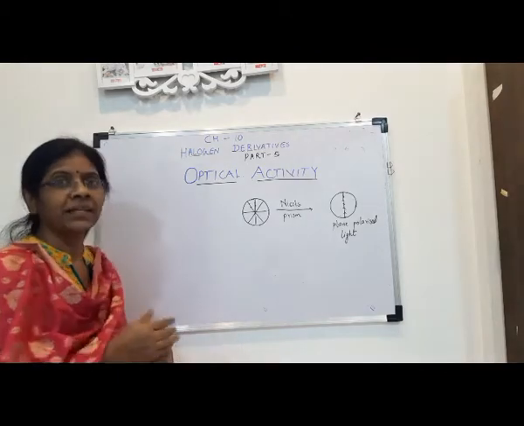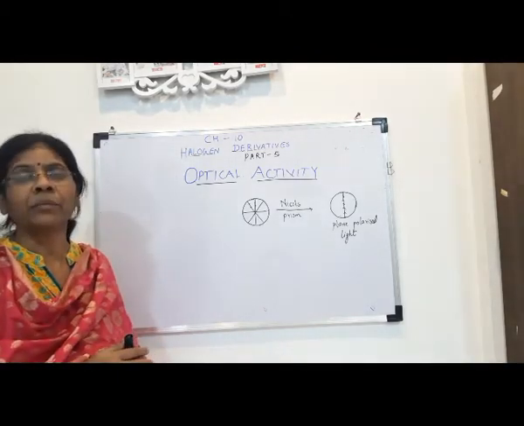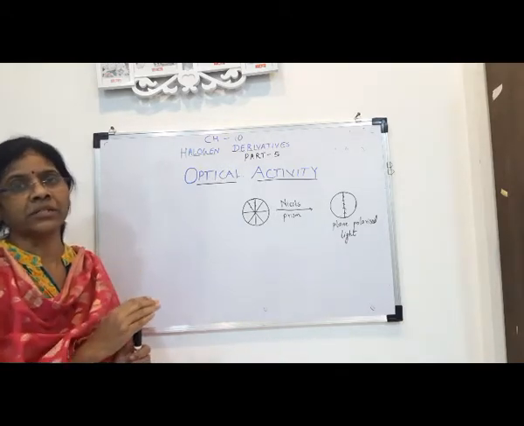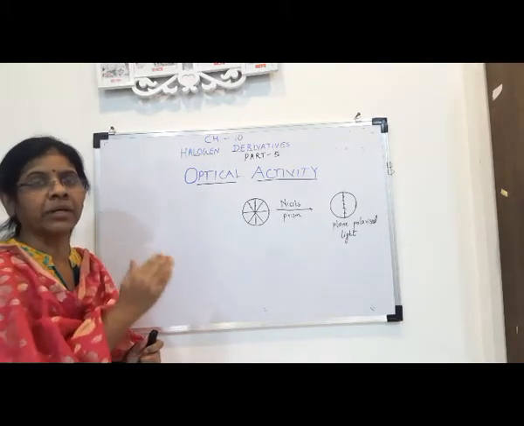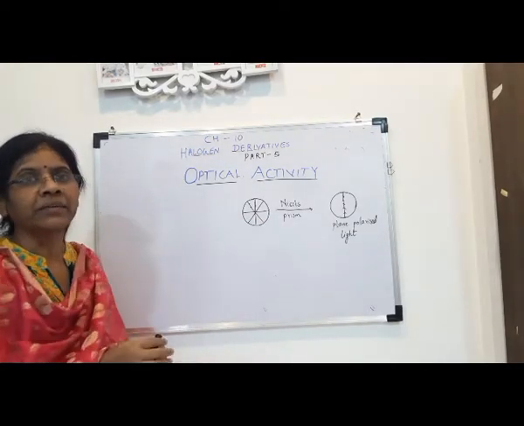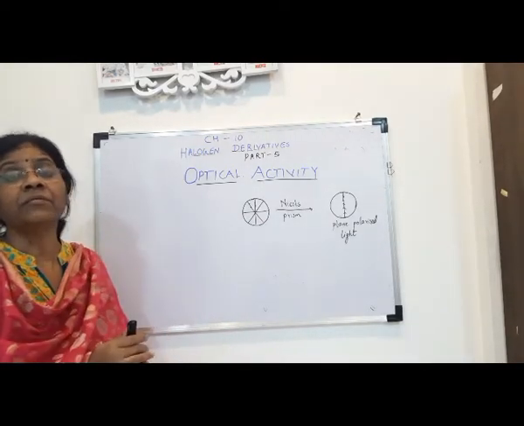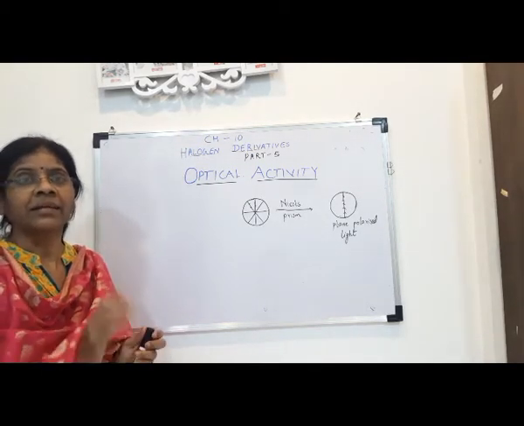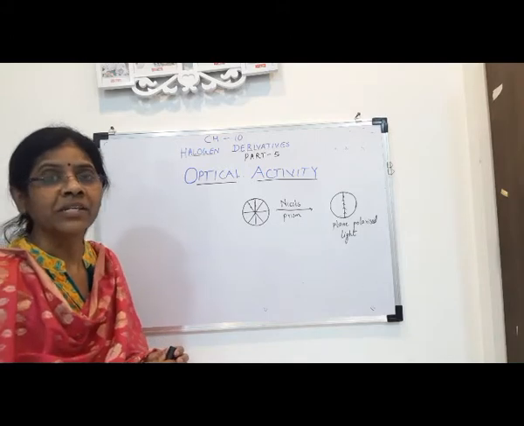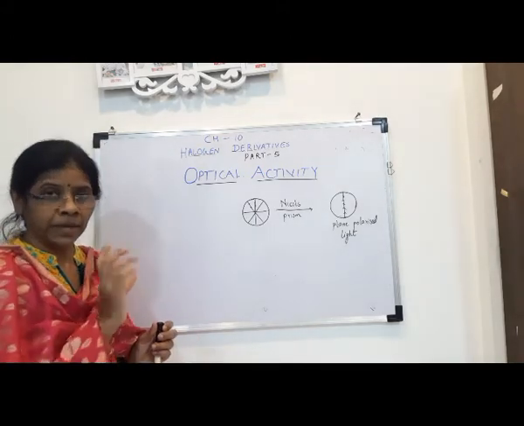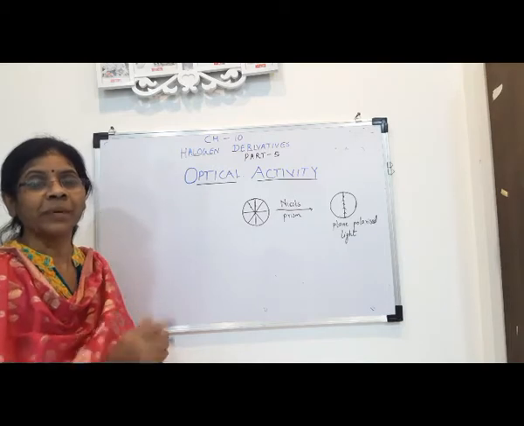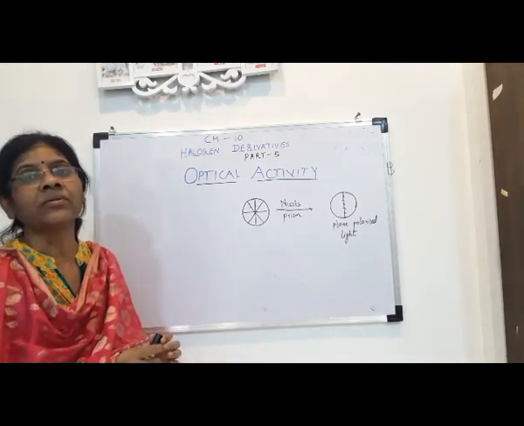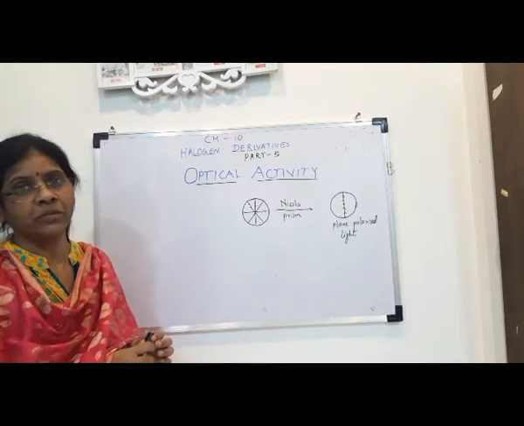Isomers are two or more molecules having the same molecular formula and the same bond connectivities, but they differ in the arrangement of atoms or groups of atoms in space, the spatial arrangement. So this is also a type of stereoisomerism.